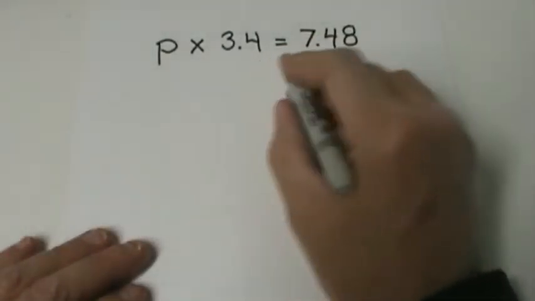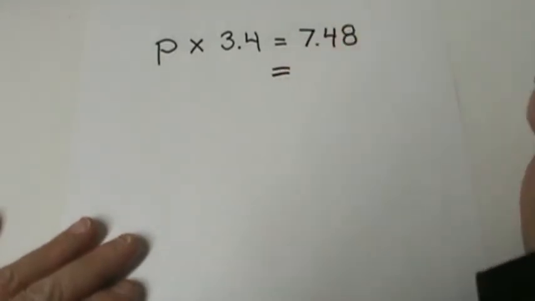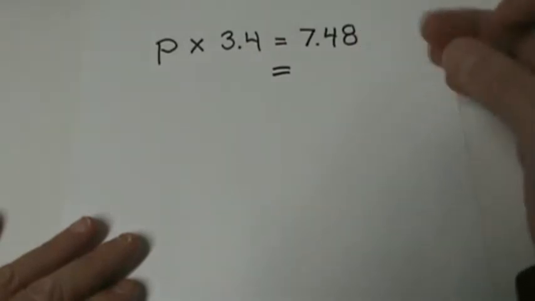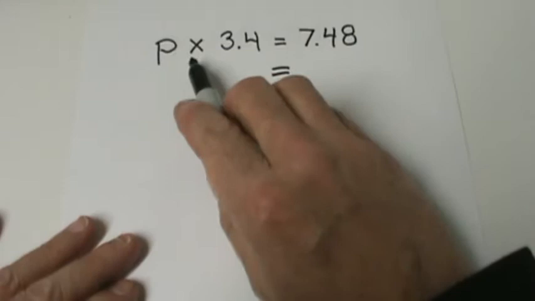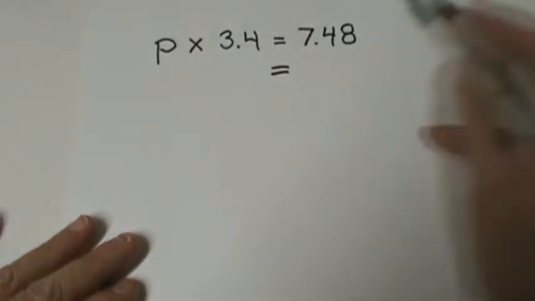Well, if we were to set this up algebraically, what we'd want to do is do it in layers first of all, and then maybe either use a calculator or use longhand to come up with the answer. But anyways, you can see that we have P times 3 4/10 equals 7 4800ths.